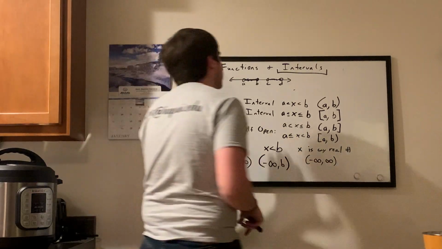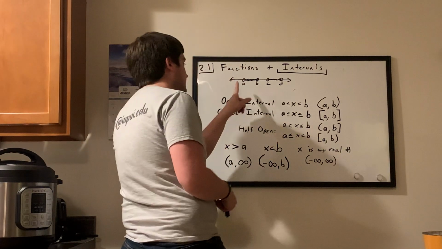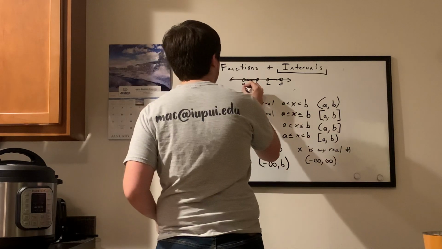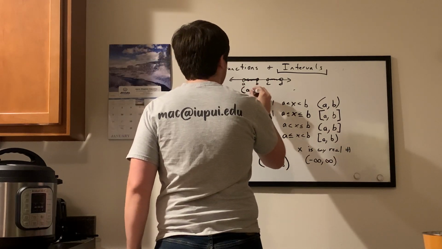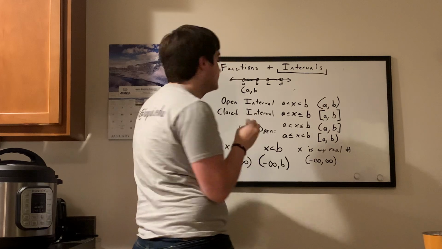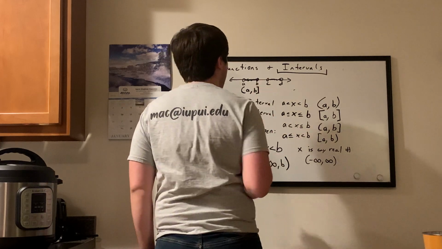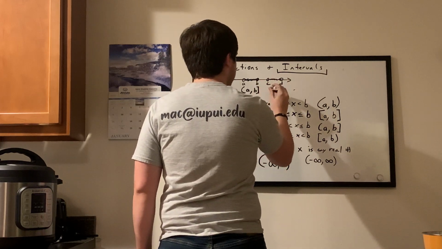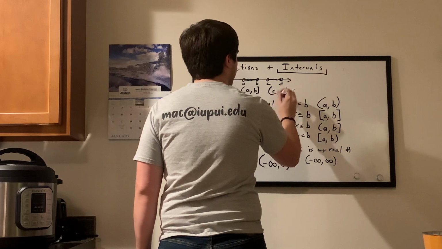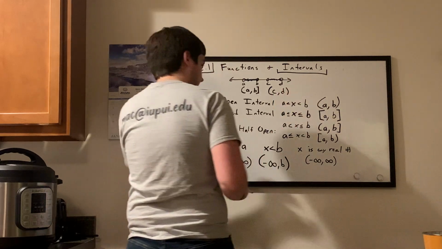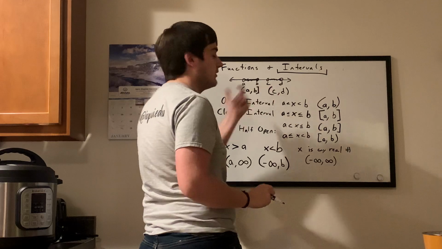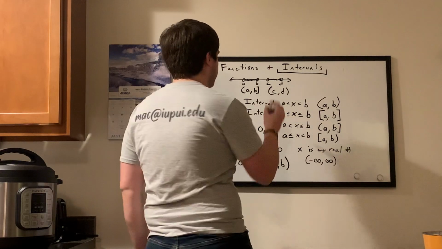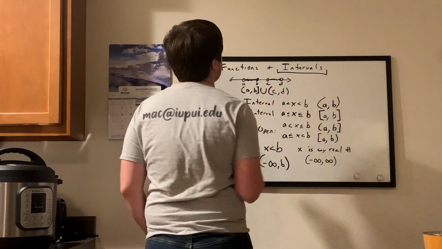Well, the way to do that is I want to write down each one. In this case, A is open, so it's going to have a parenthesis, A, comma, B. B is closed, so I have to include that with a bracket. And then here, both C and D are open, and we're going to write this. Now, to say I want to put those together, I'm going to use a U, kind of like a union.